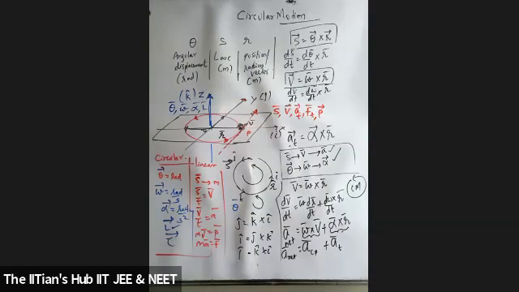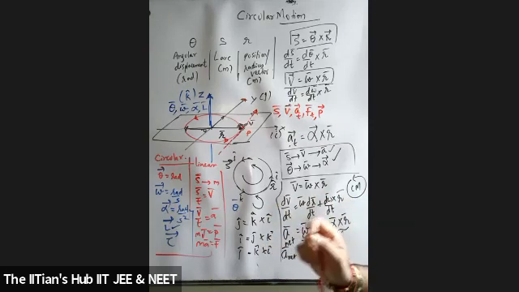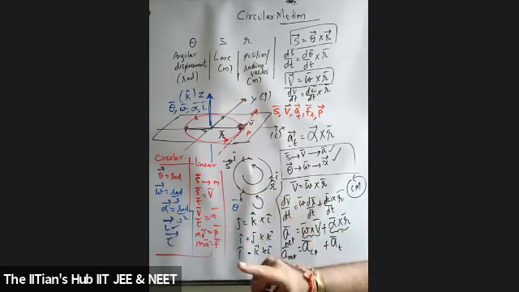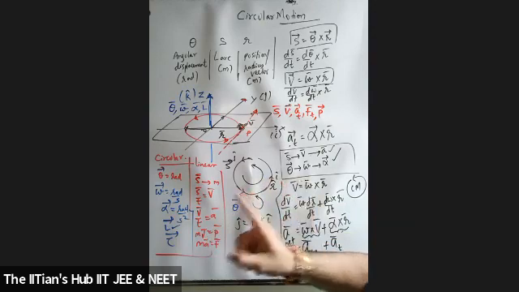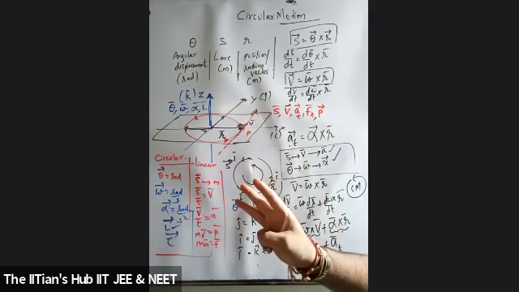Please, all the students who are in this particular group or whatever lectures you're listening to right now, listen carefully. If a particle is performing circular motion, and if you want, you can put it down very clearly. If the motion is UCM, then the particle possesses only one linear acceleration, and that linear acceleration is called radial acceleration or centripetal acceleration.